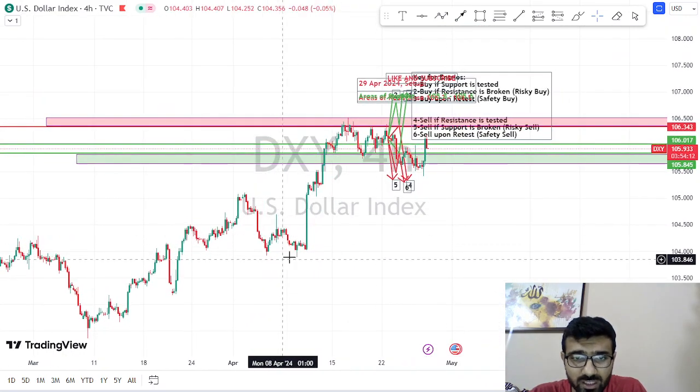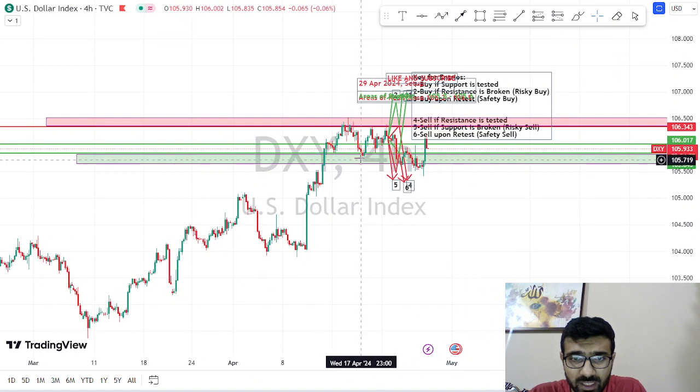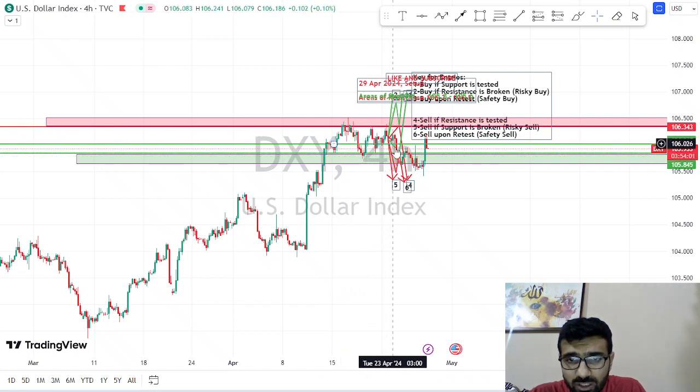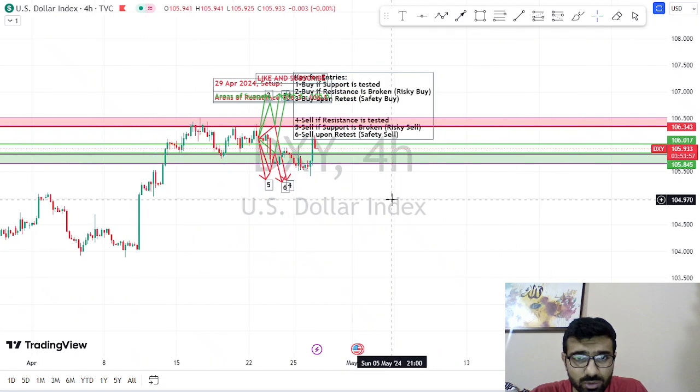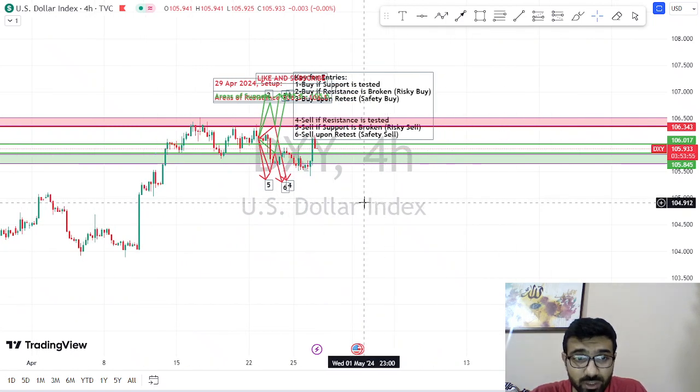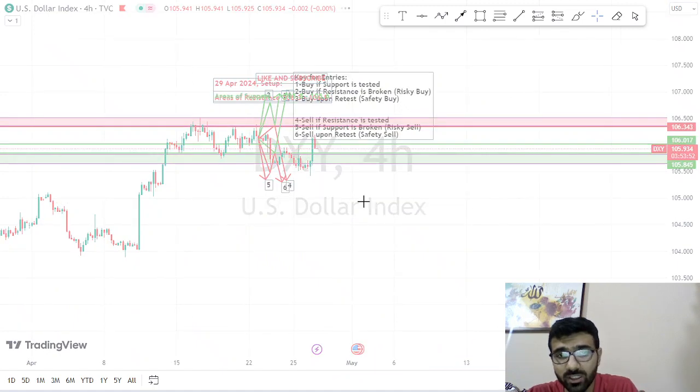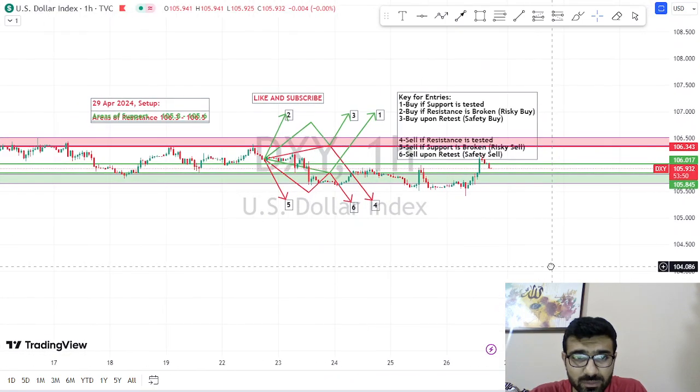You can see that the market made this high, and this was the lower high. But this lower high was broken by this area. Now you have to figure out what the current momentum is. Let me make it more clear for you.